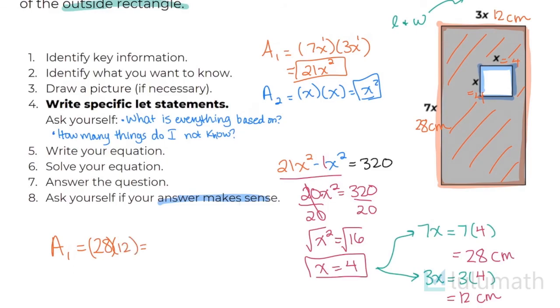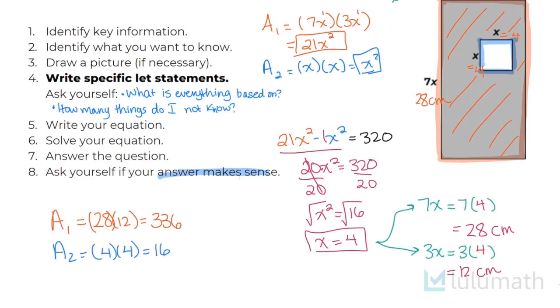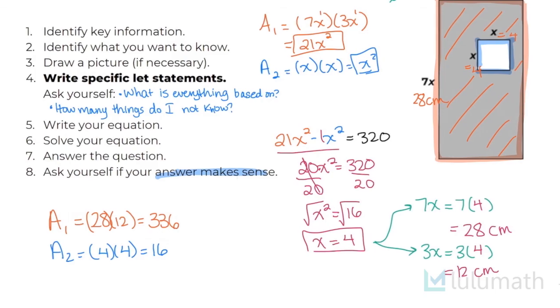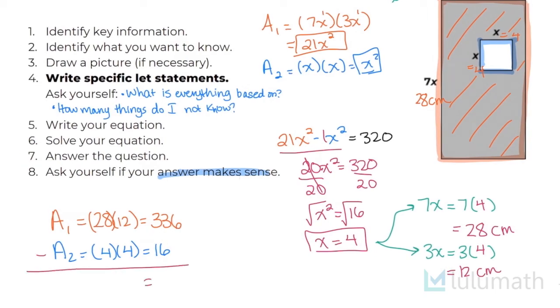And when I multiply those two together, I end up getting 336. And the area of my inside square is 4 by 4, which is 16. And I need to subtract these two values. And when I subtract these two values, I get 320 centimeters squared. So I did this correctly.